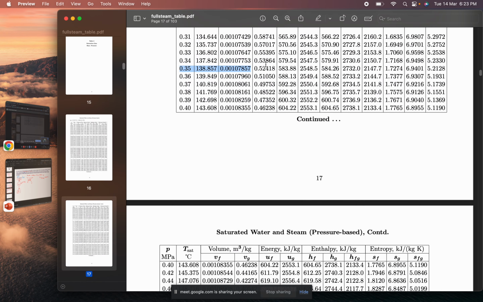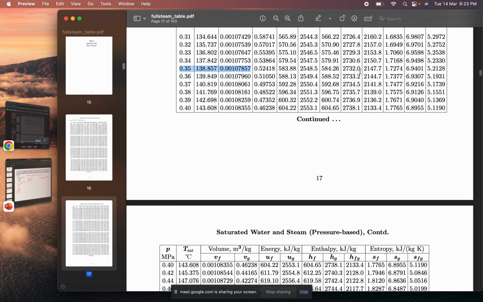One more parameter we require at this pressure is the hfg. So this is my vf, vg, uf, ug, hf, hg, and this is my hfg.